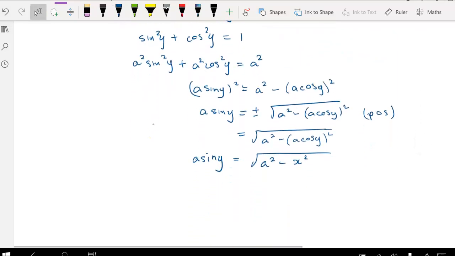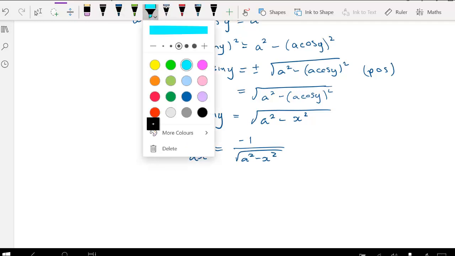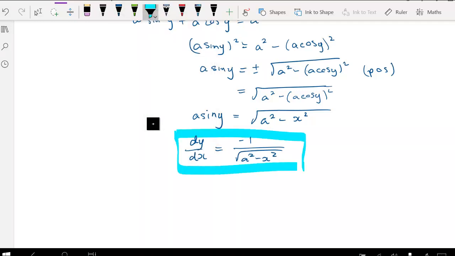Now if we put this back into our derivative, we get dy/dx is equal to -1 over a sin y, which is the square root of a² - x². And hence we have proven what we were trying to prove, that d/dx of arccos(x/a) is equal to -1/√(a² - x²).